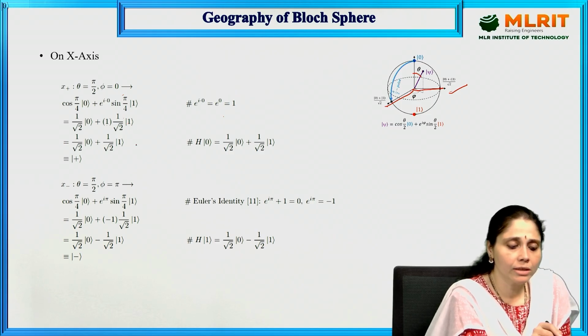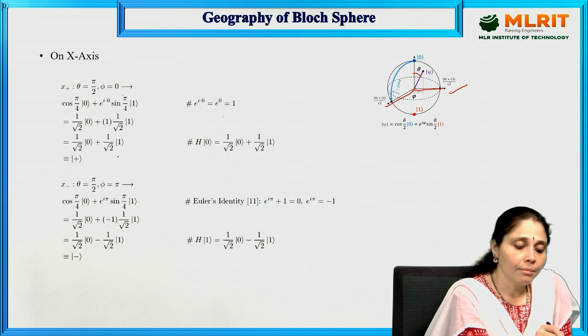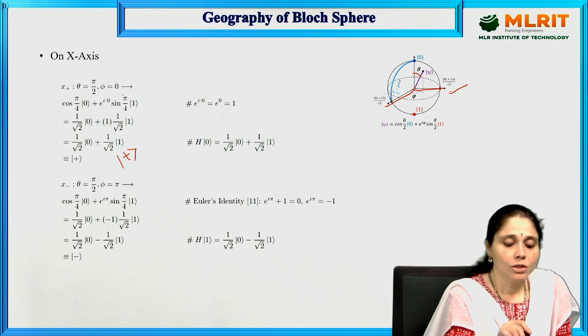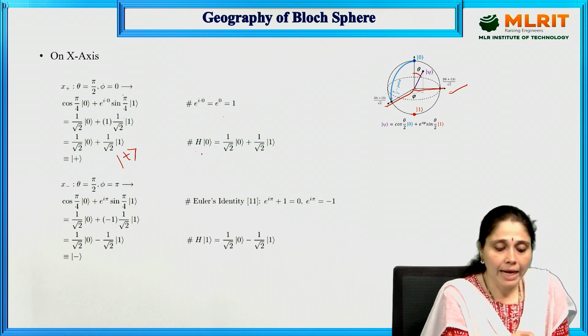That is 1 by root 2 ket 0 plus 1 by root 2 ket 1. This is represented with ket plus. So finally, H ket 0 is equal to 1 by root 2 ket 0 plus 1 by root 2 ket 1.